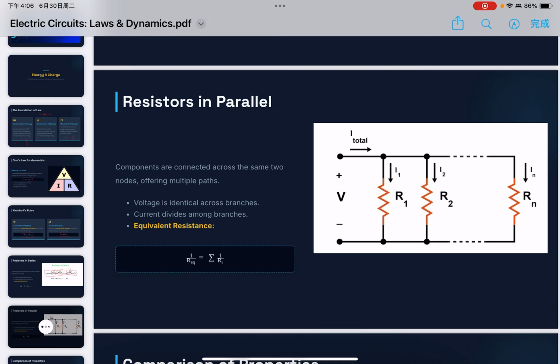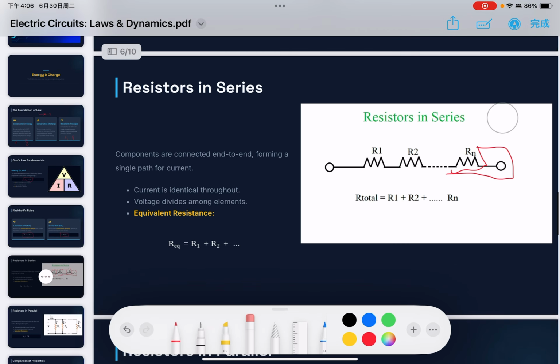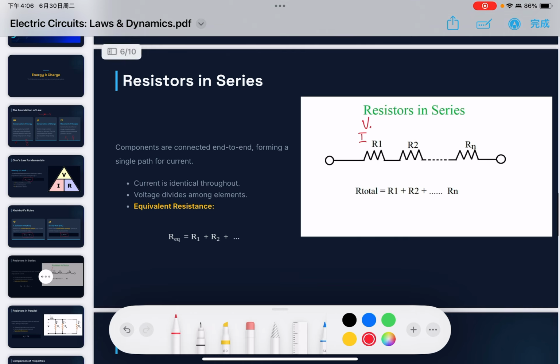Okay, so in series, each of these has the same current going through it, with V1, I1, V2, I2, Vn, In.